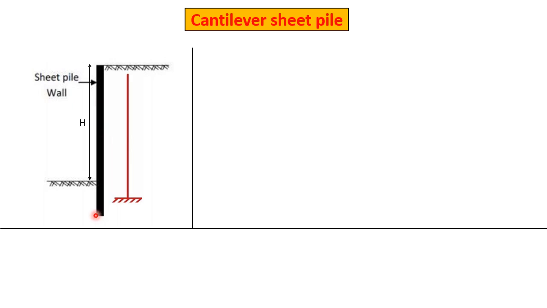In most cases it's made up of corrugated steel actually. It's flexible because it has a little thickness when compared with gravity retaining walls or even cantilever reinforced concrete retaining walls, the ones we have discussed before in the last weeks.